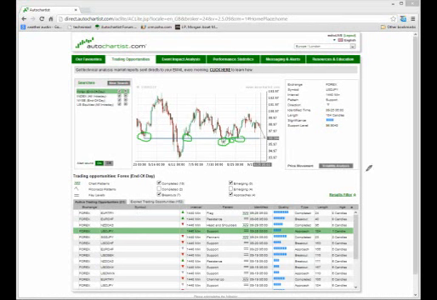The gray arrow is telling us that this is an approaching support level, which means the price hasn't broken through support or resistance yet. It's still moving towards that level. There are 1, 2, 3, 4, 5 touching points on this pattern.